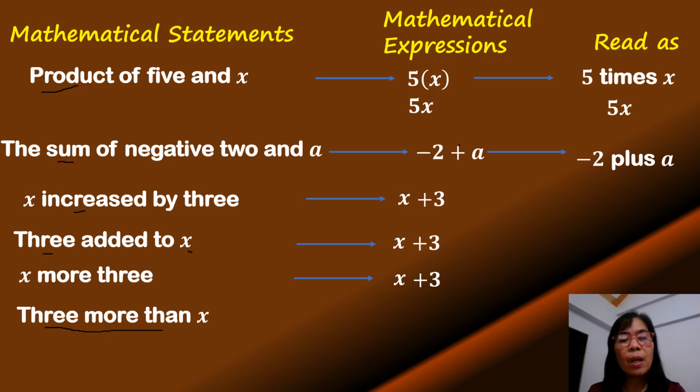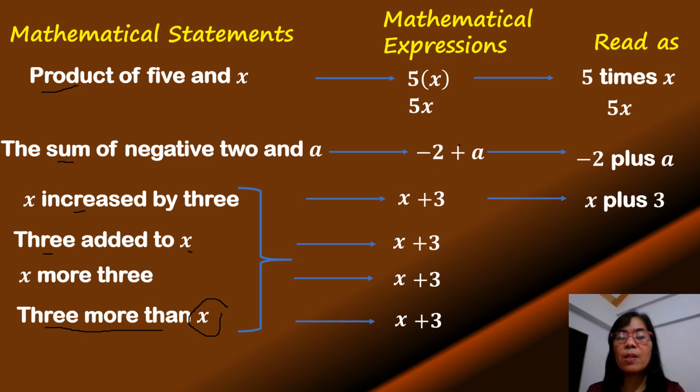When you have this statement, you're going to write x first, then you add 3. So that would give us now x plus 3. All of these statements, x increased by 3, 3 added to x, x more 3, 3 more than x, are represented by the same mathematical symbols x plus 3.